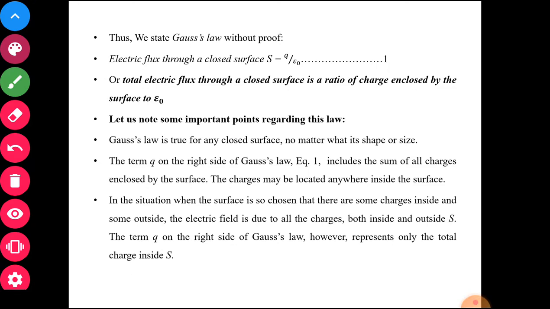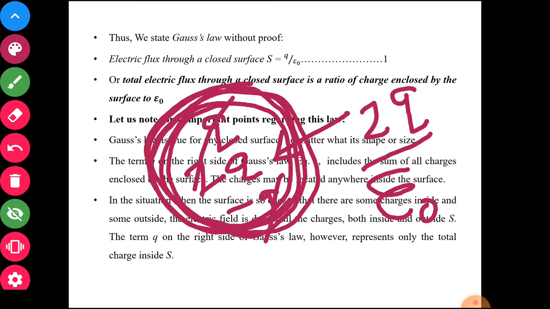In the situation when the surface is so chosen that there are some charges inside and some outside, the electric field is due to all the charges, both inside and outside. The term q on the right side of the Gauss law, however, represents only the total charge inside the surface. So if you have this surface, you have how much charge enclosed by the surface? 2q. Now some charges are here, q is here, say 3q is here.